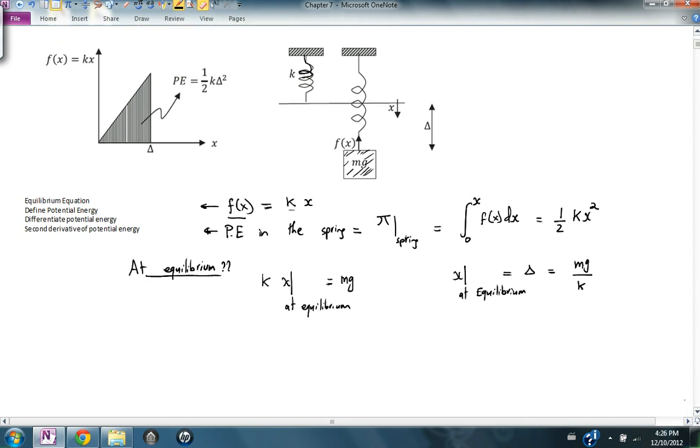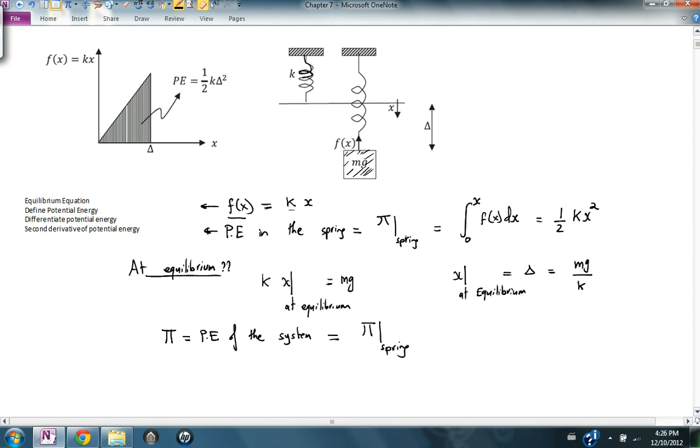Now, to understand what happens to the energy at equilibrium, I'm going to introduce a quantity that I'm going to call the potential energy of the system. The potential energy of the system will be made out of two components.